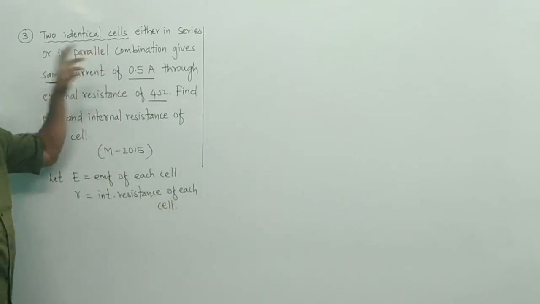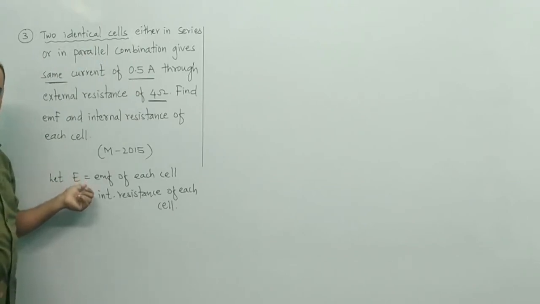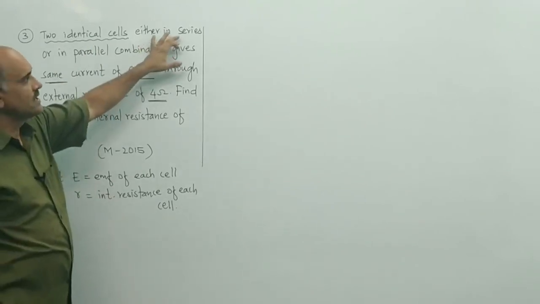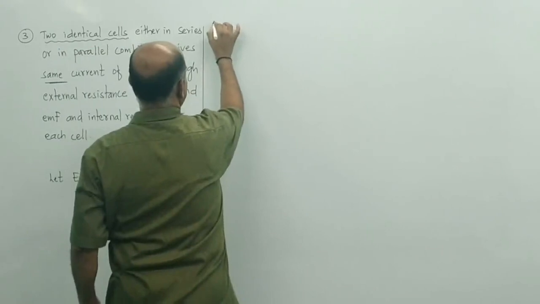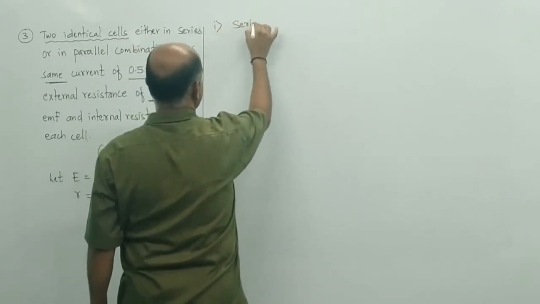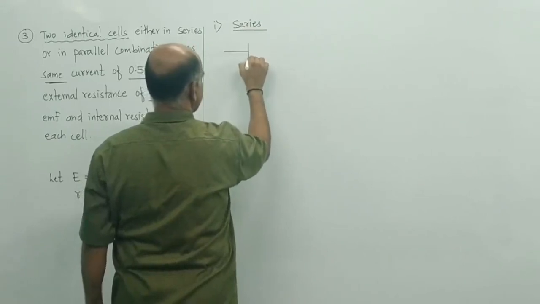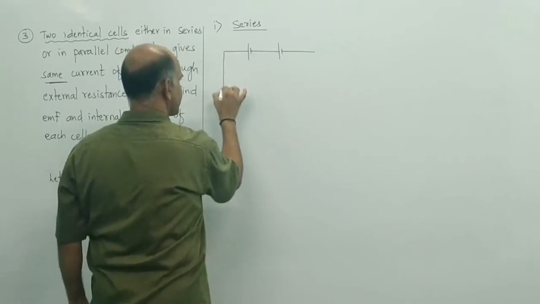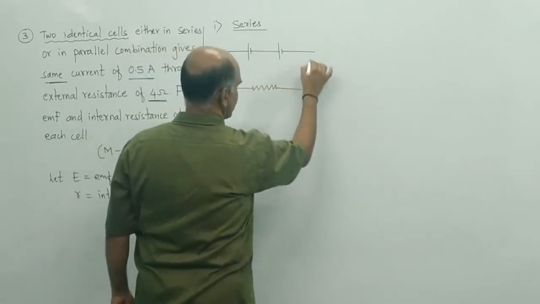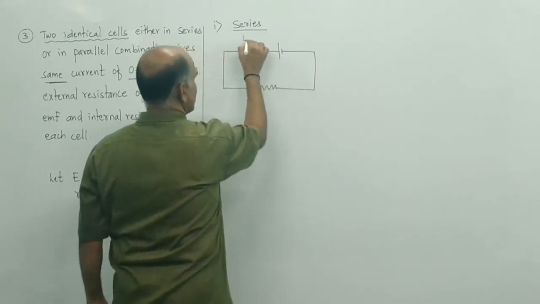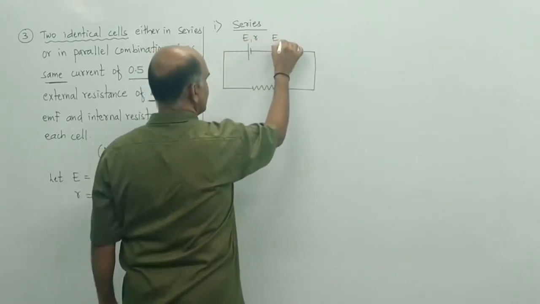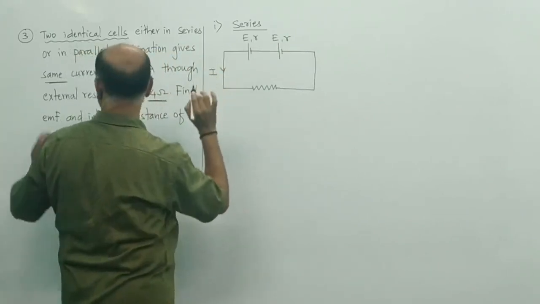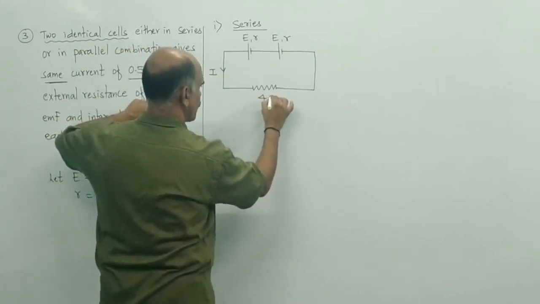So two cells are there, each of EMF E, each having internal resistance r, whether connected in series or parallel. First, if they are connected in series, the two cells are in series across an external resistance. E, internal resistance r, this is the main current I, and the external resistance is 4 ohms.